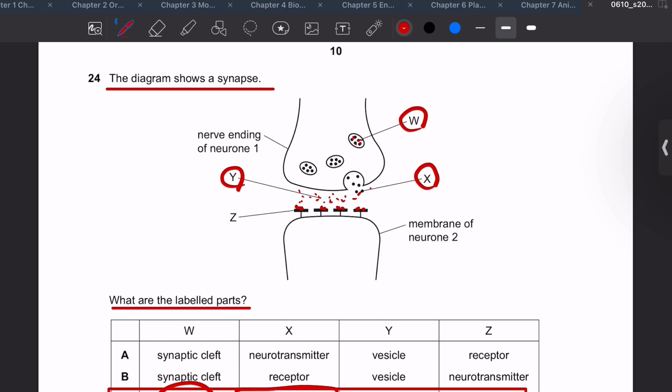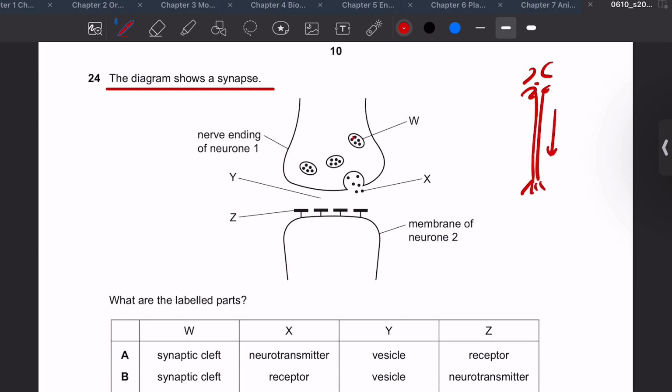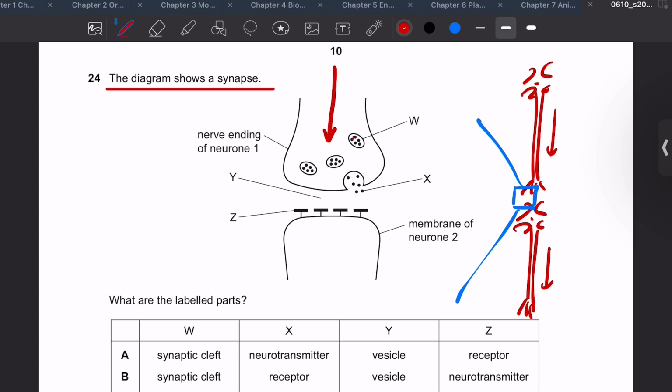Okay. So I'll just explain a little bit more about this one. When a neuron sends out an impulse and it gets transmitted to another neuron, the junction between the neurons is called the synapse. So as the impulse arrives at the end of the neuron, it reaches the synapse, and then this impulse will trigger vesicles to move and fuse with the membrane.